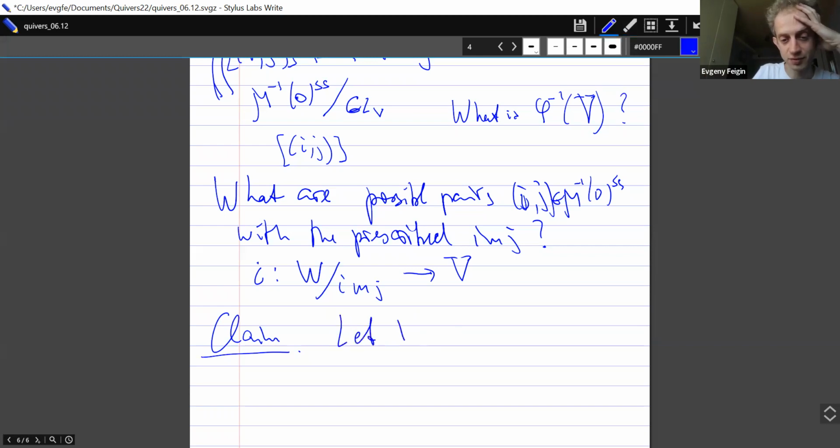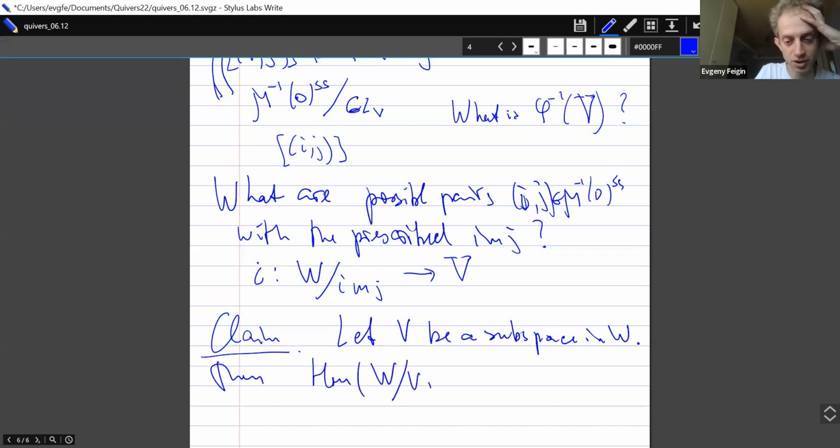Let V be a subspace in W. Then the Hom space from W mod V is isomorphic to the cotangent space to the Grassmannian V in W at the point V.